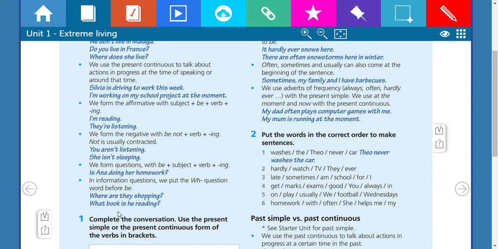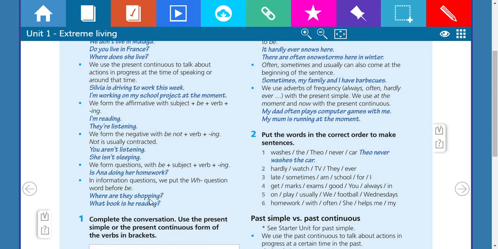Okay, they are questions. What's the difference? In the case of, is Anna doing her homework? The answer is like, yes, she is, or no, she isn't. It's a short answer. But in the case of where are they shopping, you need to answer with a sentence. For example, where are they shopping?